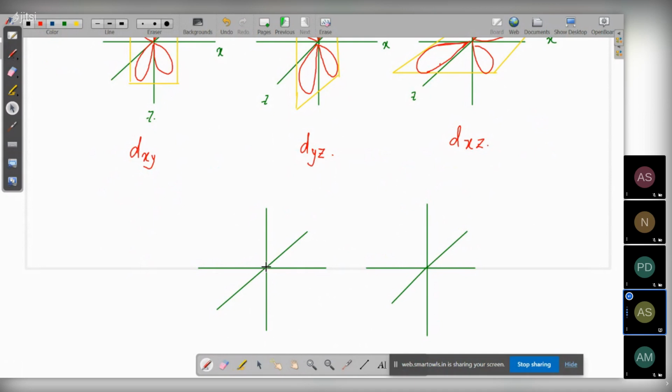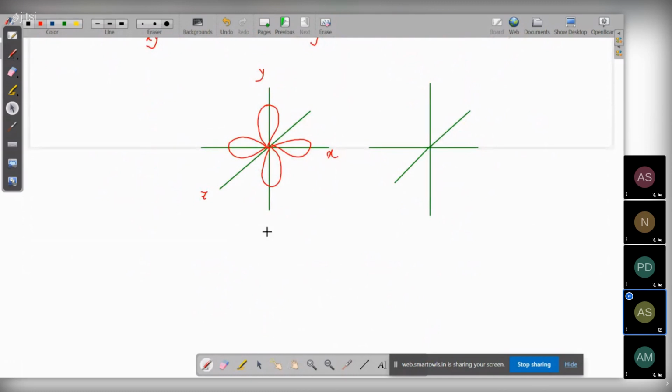So dx square y square, that means it will lie on the axis only. Lie on the axis. X axis, y axis, z axis. This is called the dx square y square. What about dz square?